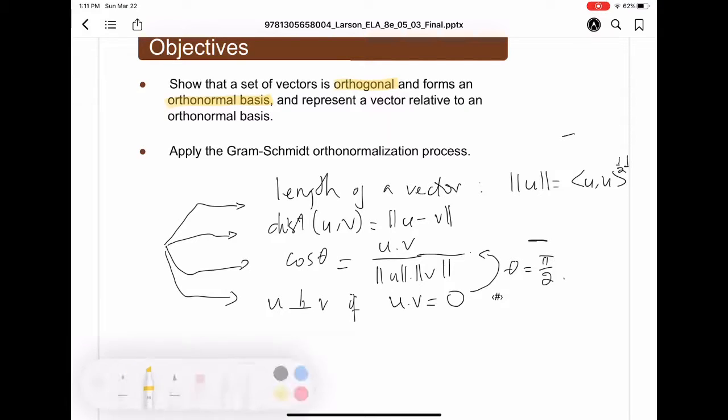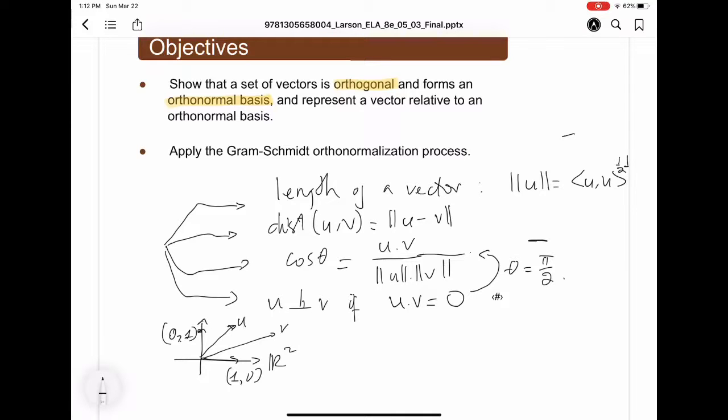I repeat several times about bases in R2. Let's say this is in R2. The standard basis is (1, 0) and (0, 1). But again, if you pick any two non-collinear vectors, they will form a basis of R2. Even if they are not orthogonal, they still form a basis.